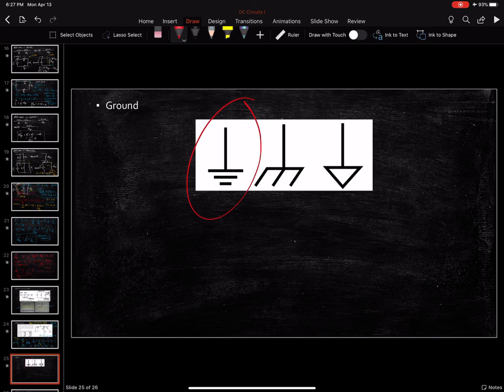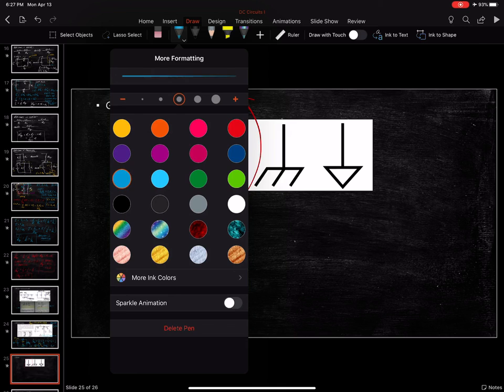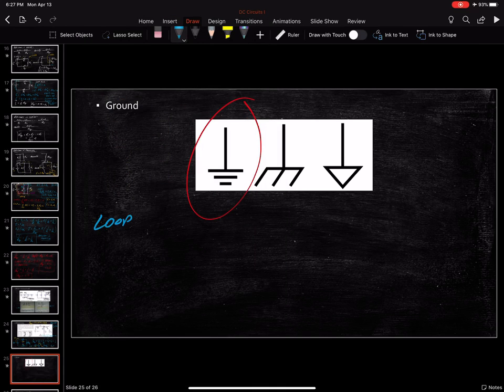What's a ground? When I've been writing down my loop rule, for instance, I've written down that the sum of the changes in voltages through the loop is equal to 0. Well, I'm talking about the changes in voltages.